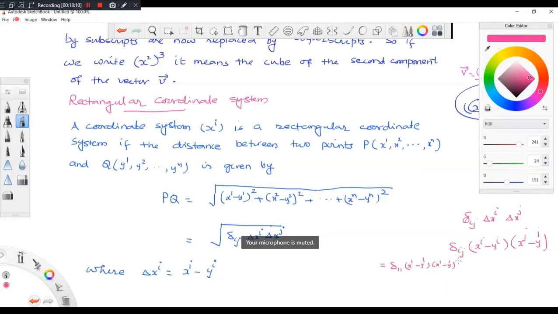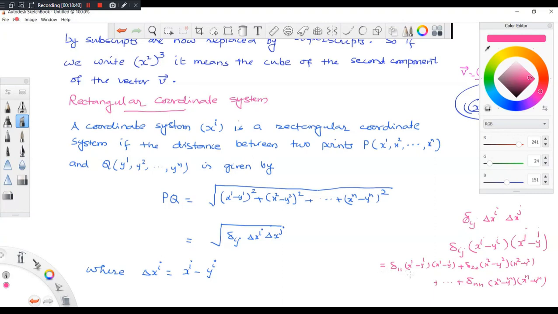Suppose I take i equal to 1 and j equal to 2, what will happen? Delta 12 is 0. So when they are equal, then only you will get value. So in n dimension, this is nothing but delta 11 into x1 minus y1 into x1 minus y1, delta 22 into x2 minus y2 into x2 minus y2, plus etc., delta nn xn minus yn into xn minus yn.